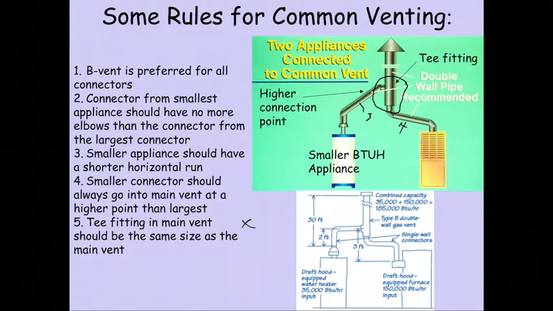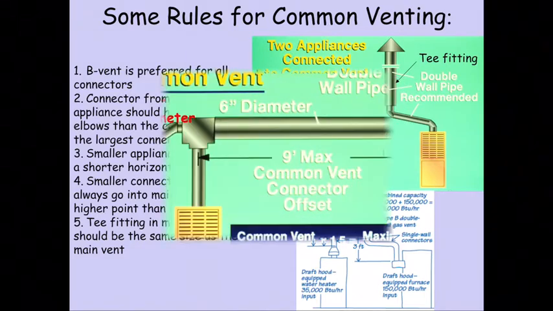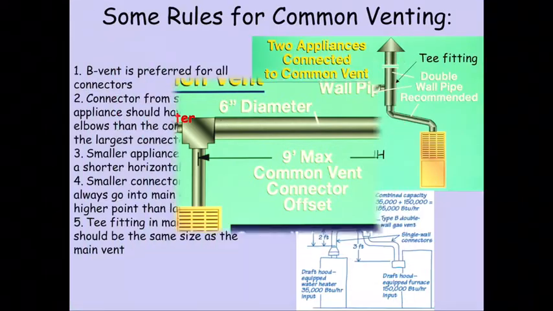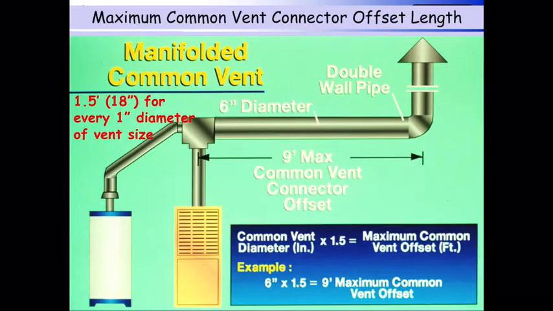You wouldn't put a larger connector into a smaller pipe at the T, so that would not be the case on there. And they make all different sizes on there. Now, if they only make a T that has, let's say, a 4-inch T, then you're going to have to use a reducer right here to go 4 to 3. So those are the cases that you have to deal with.